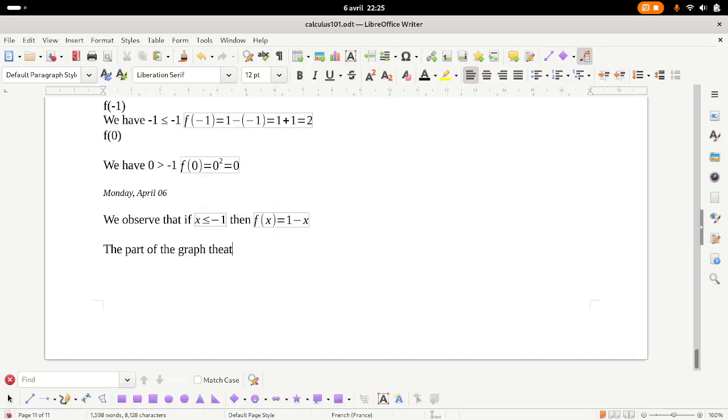Okay. The part of the graph that lies to the left of the vertical line x equals -1 must coincide.